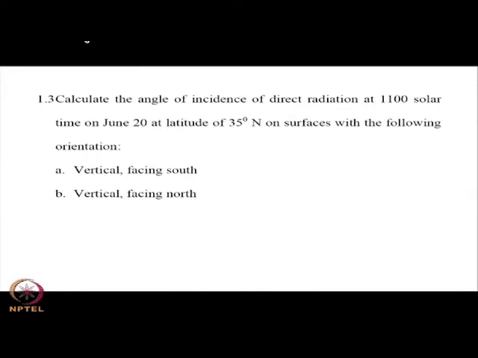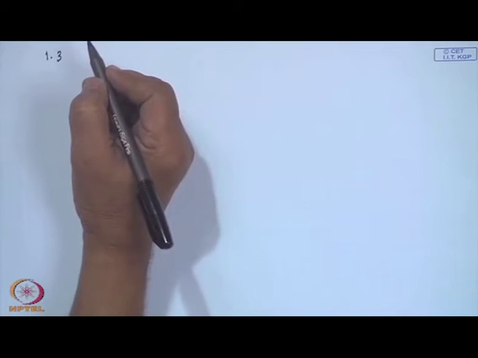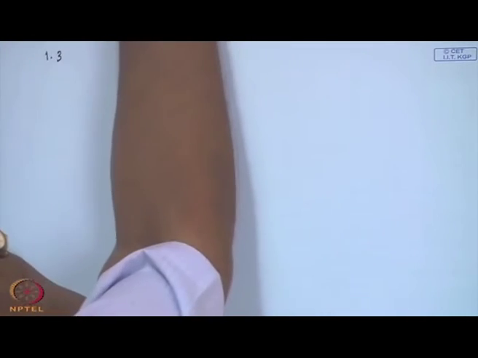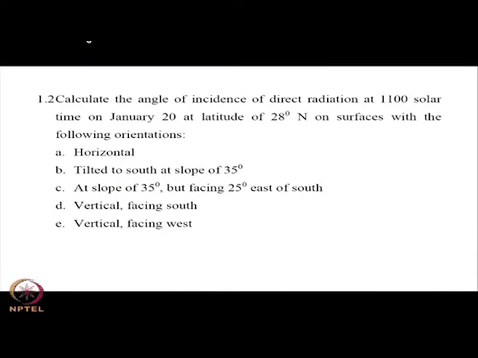So, we shall go to problem 1.3. The previous exercise is basically to tell you the difference between a horizontal surface tilted towards south and the effect of the time, and whether it is off south, facing like azimuthal angle being west or whatever, right.